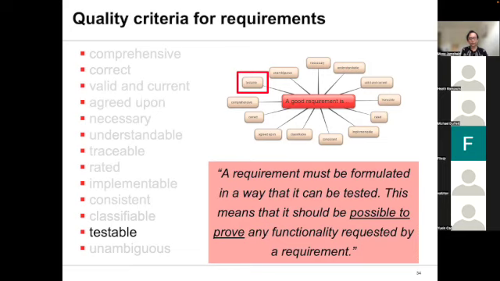So, testable. A requirement must be formulated in a way that it can be tested. That means that it should be possible to prove any functionality requested by a requirement. So basically, write your requirement in a way that it can be tested and ticked off. If you're in a business analyst role, put yourself in the shoes of a tester and see whether the requirements I'm gathering on the functionality are going to be easily testable by my testing team.